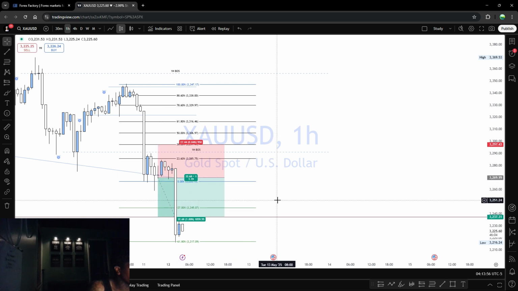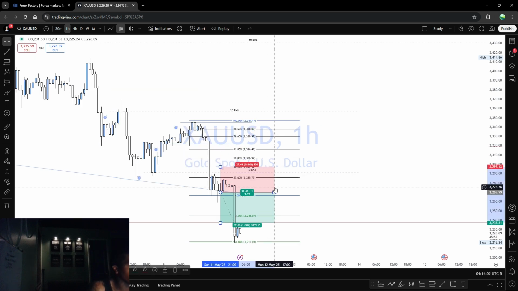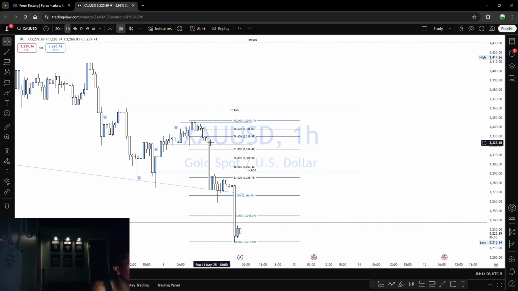Yeah, and that's pretty much it. It was just a simple trade, especially when this bearish candle happened. I was out Sunday, and you see price did get here and was rejected.